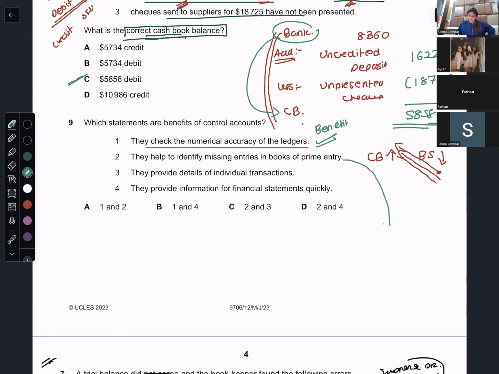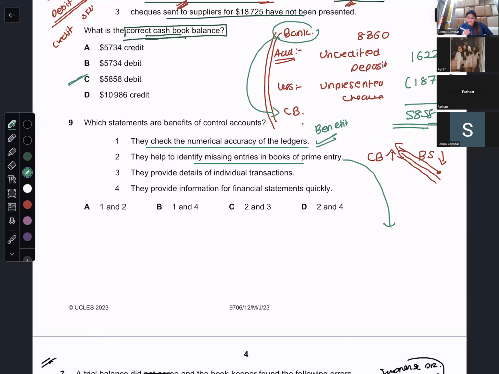Because they only do it from the sales journal and purchase journals. They help to identify missing entries in the books of prime entry. Control accounts are made from the books of prime entry.